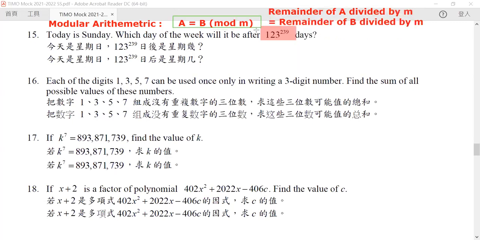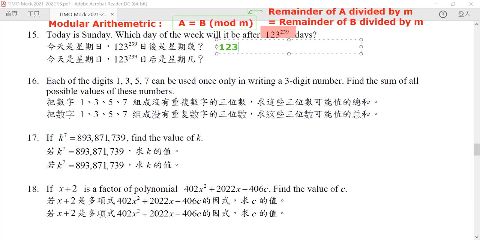Now, this is what it means. In modular arithmetic, there is one very deep theorem which says that if two numbers are equivalent, you can always replace one number by the other when you are figuring out the remainder of divisions. So here, we make use of this theorem.